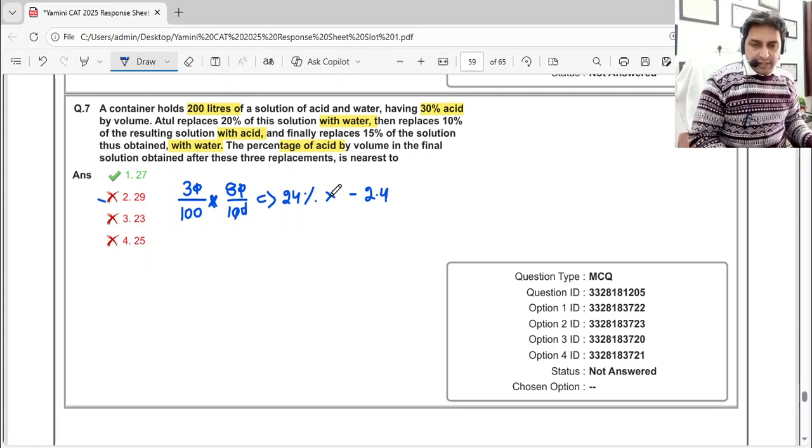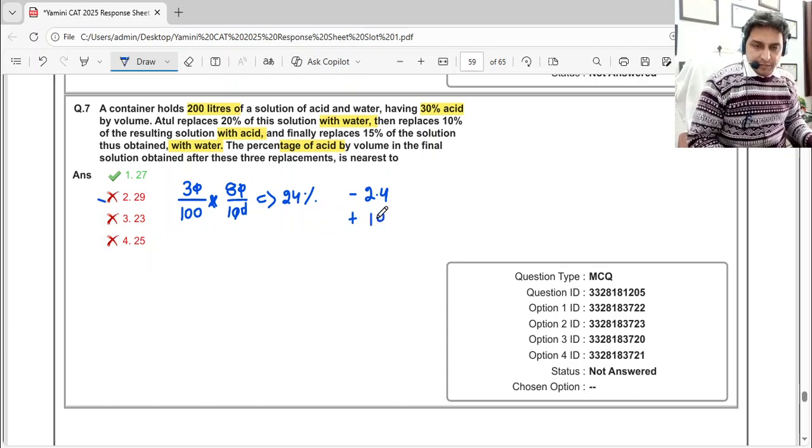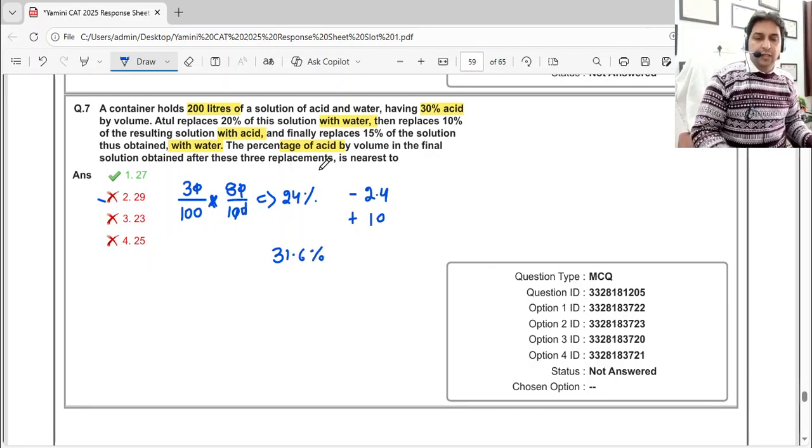But what exactly was added? The addition was of 10% of the total solution, so plus 10. So that becomes 34 minus 2.4, 31.6 percent after the second replacement.